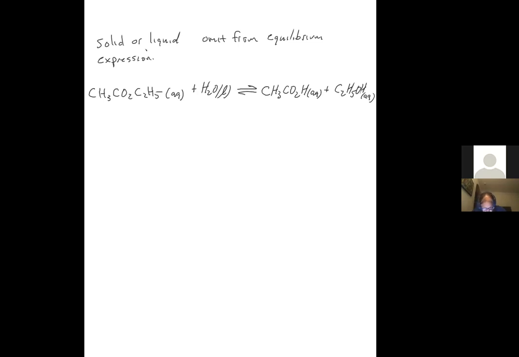Okay, so it says concentration. Obviously we can't do pressure because these are not gases. So just products over reactants. The first product is aqueous. The second product is aqueous. All the coefficients are 1s.